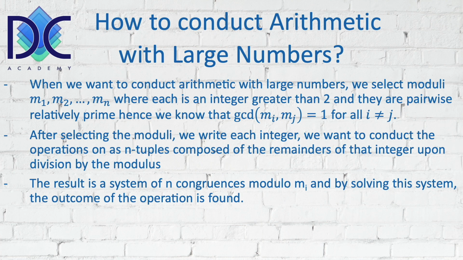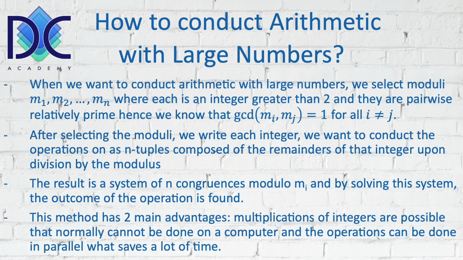Now what we find here is a system of n congruences modulo m_i, and we have to solve the system so that we find the result, and the result that complies with the system is in fact the outcome of the operation. So basically, when it's a multiplication, we will find the outcome of the multiplication, and when it's an addition, we will find the outcome of the addition.